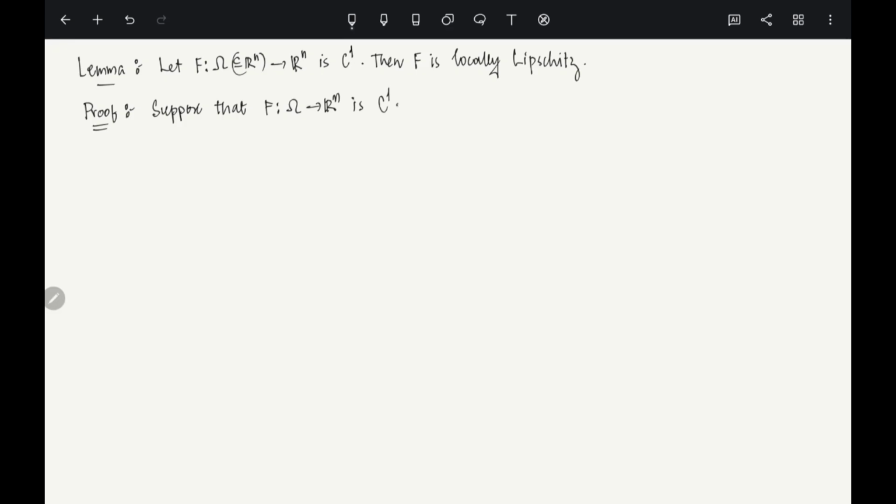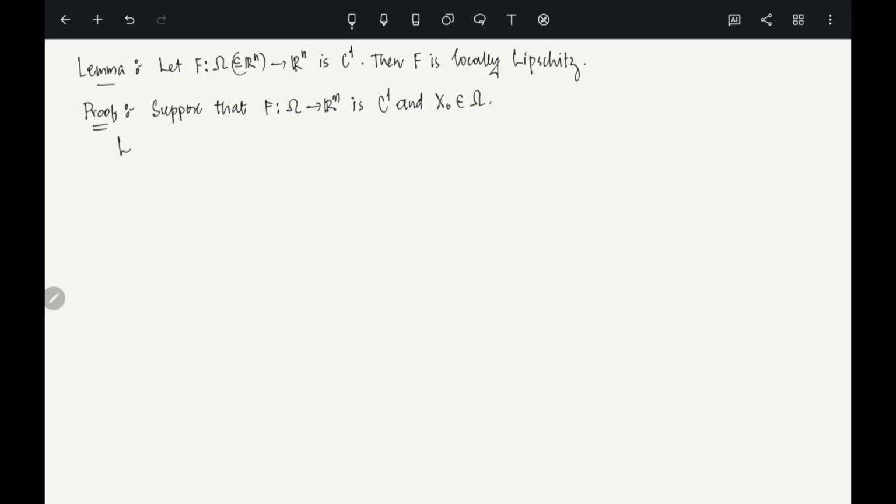Let's just say it is C1, and we start with x0, which is in omega. See, F is C1 given to us, right? And I have to show local Lipschitz. So basically, I will start with a point x0, where I will show that there is a neighborhood around x0 where F restricted to that neighborhood is Lipschitz. That's what you have to show. Okay.